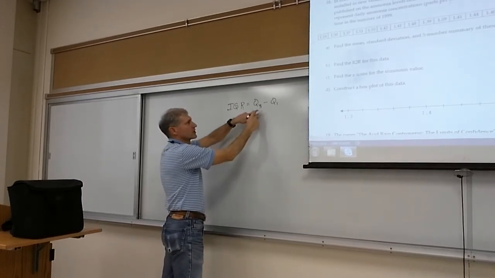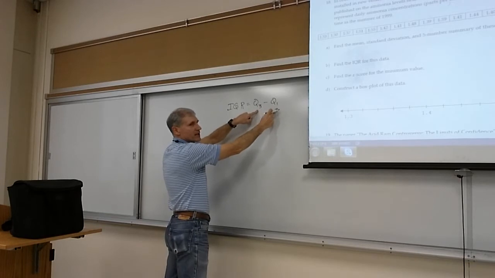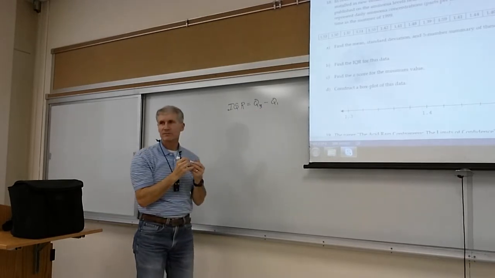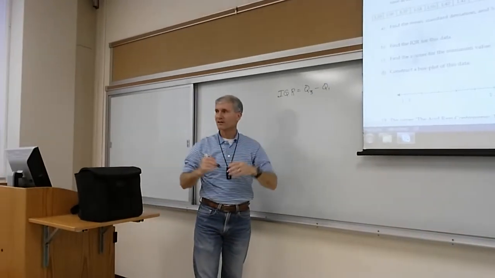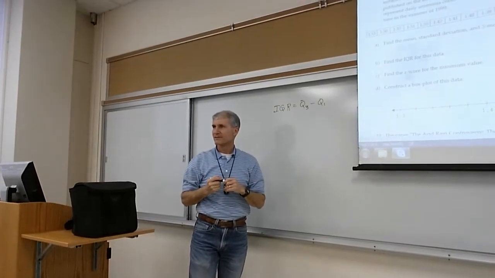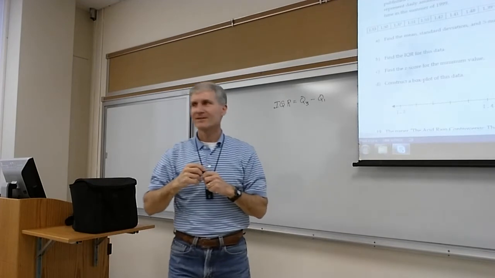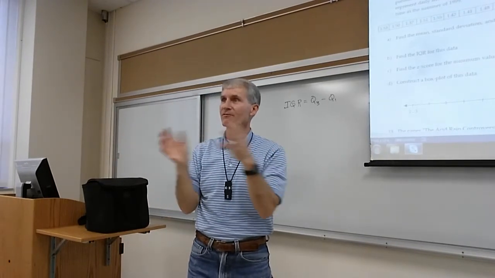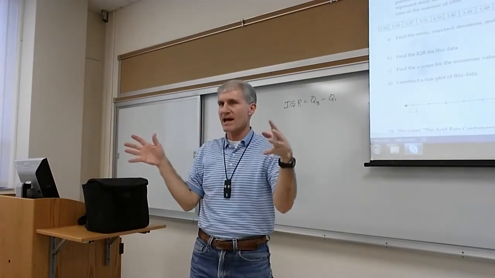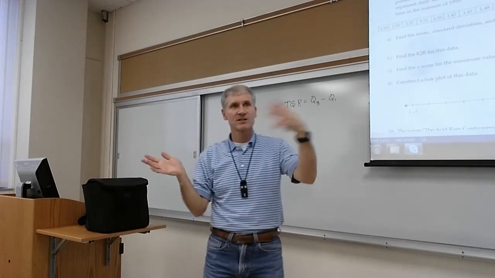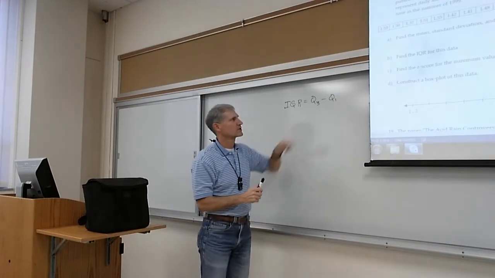The distance between the third quartile and the first quartile is called the interquartile range. And it's a measure of what? Spread. How much variability is there in this data? How spread out are the numbers? The distance between 2 of the numbers tells you spread.